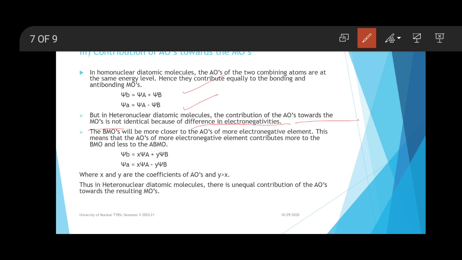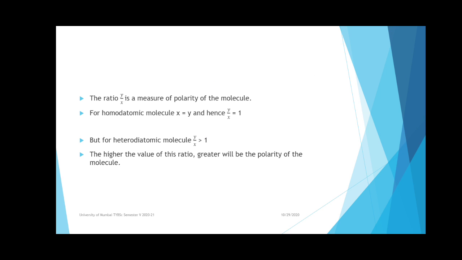Putting the electronegativity difference into the equation, psi b is equal to x psi A plus y psi B, and for anti-bonding, psi star is equal to x psi A minus y psi B, where x and y are called coefficients of atomic orbitals, and y is always greater than x for heteronuclear diatomic molecules. Thus there is an unequal distribution in the molecular orbitals, resulting in the formation of new molecular orbitals. But students, you have to keep one important thing in mind: this ratio.